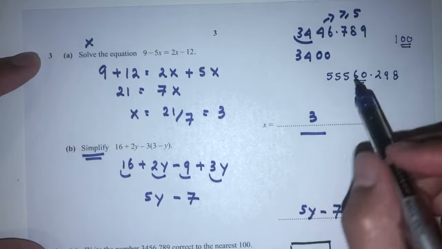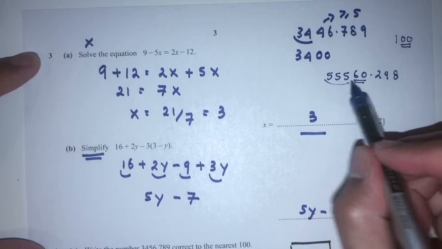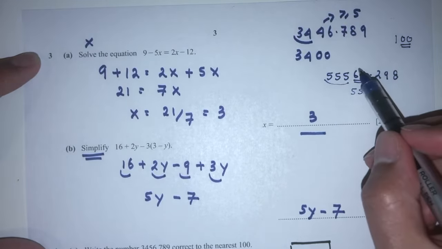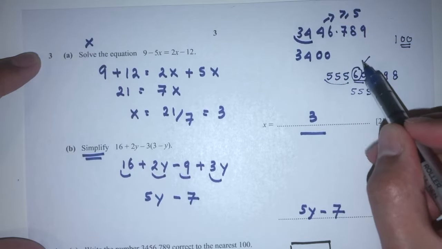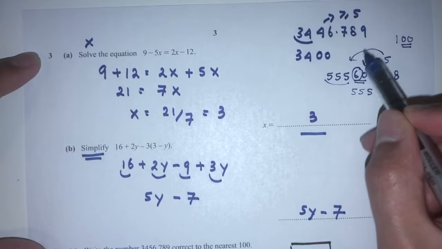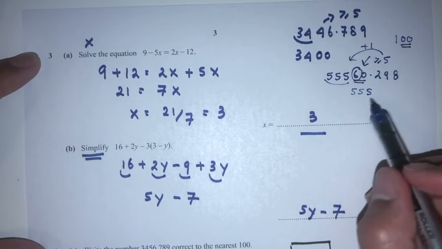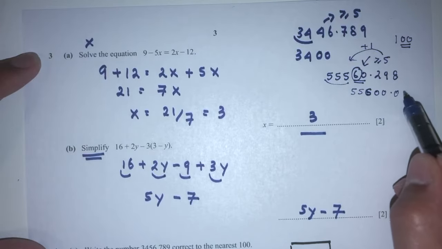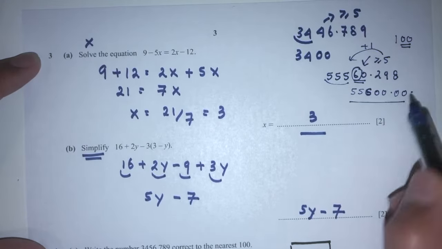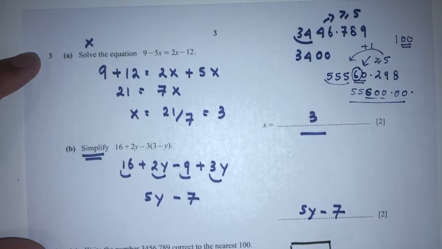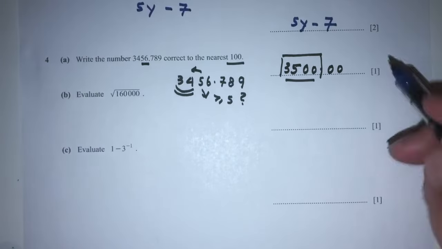We leave the first 3 by themselves, so 555 for now, and ask ourselves if this number here is more than or equal to 5. If it is, then we add 1 to the first 3. So 555 plus 1 will be 556, and change the rest to 0. Okay, so your answer will be 555,600. That is nearest 100 as an example for this question. Here's only 1 mark, should not be tough.